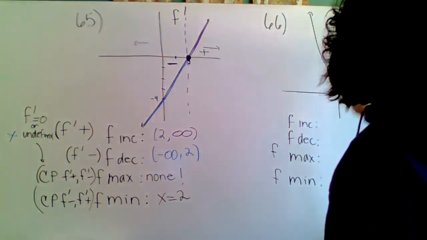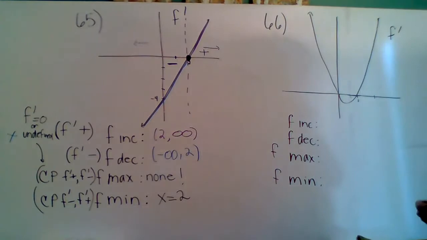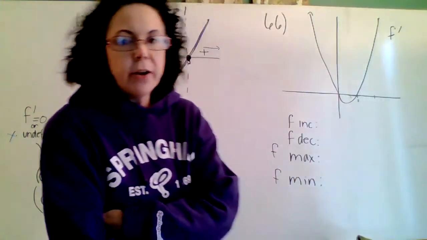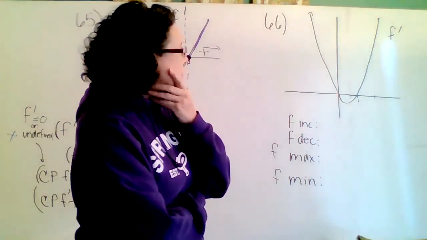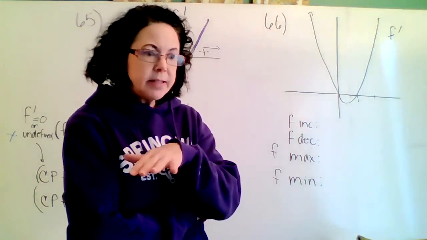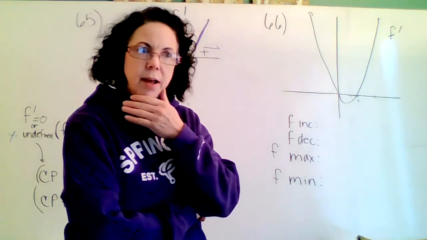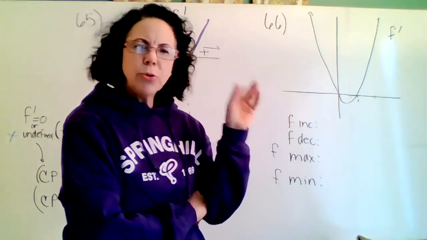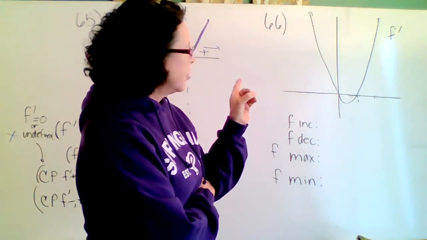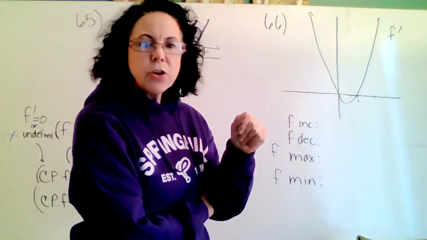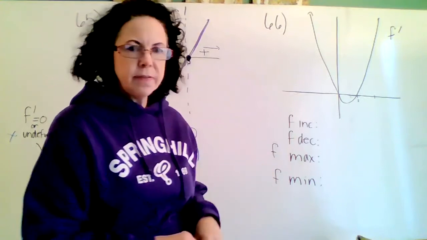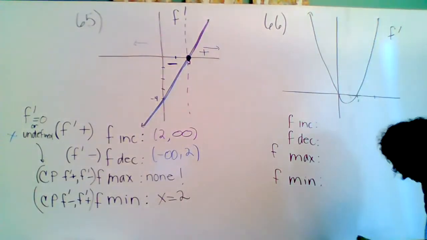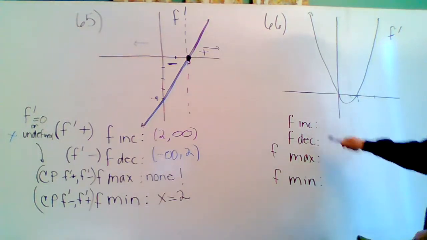Okay, let's go to number 66. This means not that we're drawing the actual function here, but the derivative graph is quadratic. This means to me that the original function must be cubic, because if I take the derivative by the power rule, I would get a quadratic. So let's just see once we get our answers if that happens. Where is the function increasing?